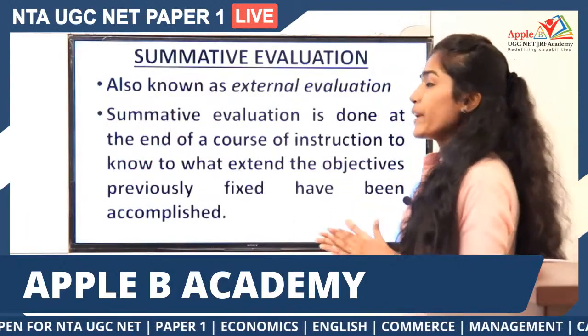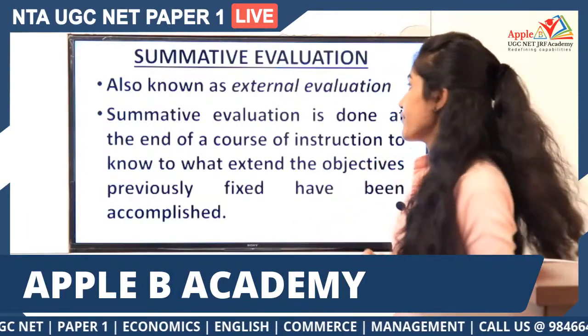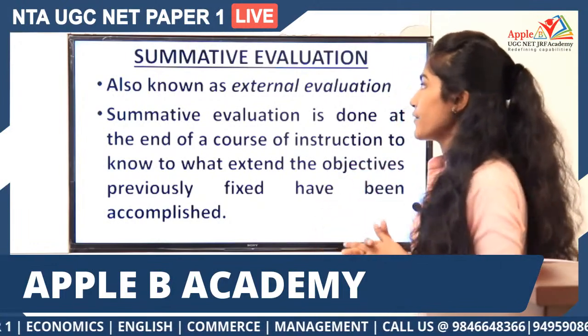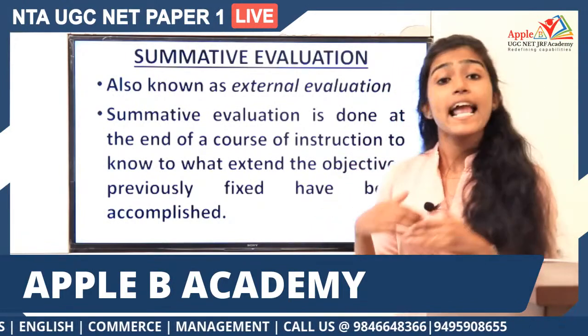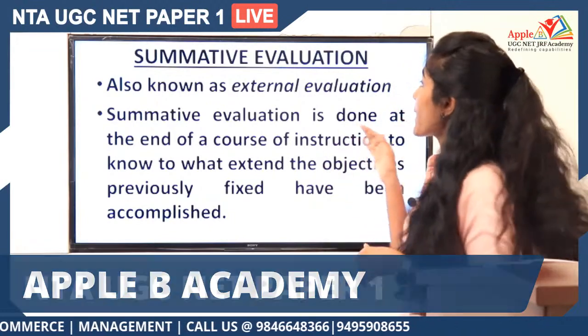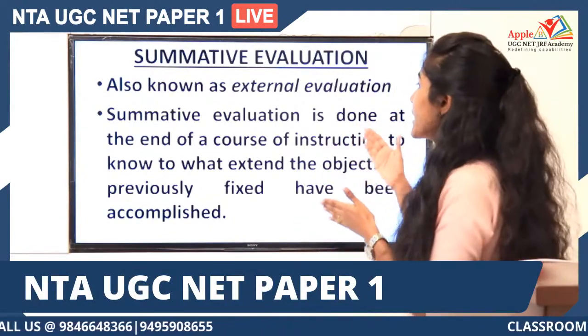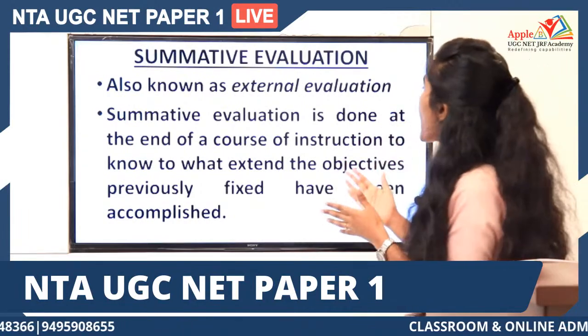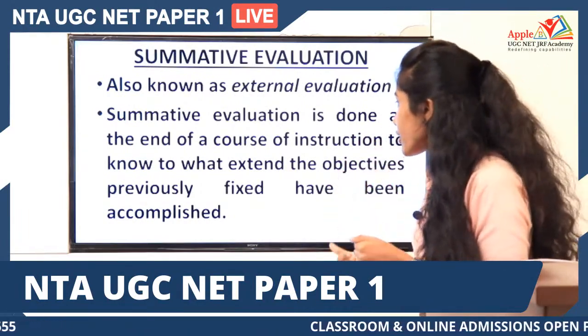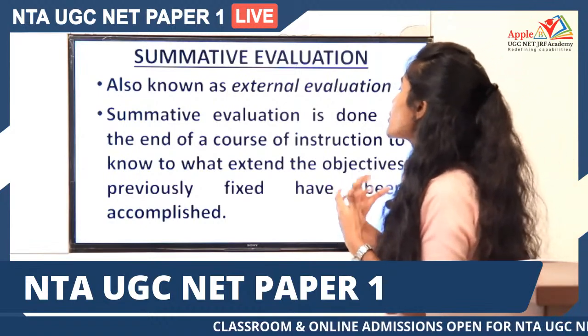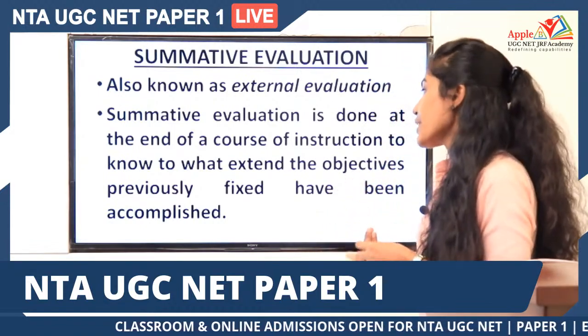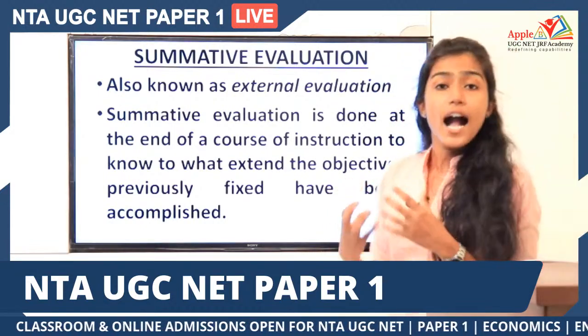Now we are moving to the next type of evaluation, that is summative evaluation. It is also known as external evaluation. So summative evaluation can be also called as external evaluation. Summative evaluation is done at the end of a course of instruction to know to what extent the objectives previously fixed have been accomplished.